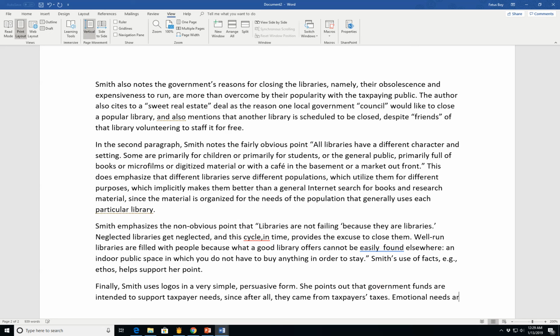Emotional needs are needs, so they should be supported. Even irrational needs, such as libraries.